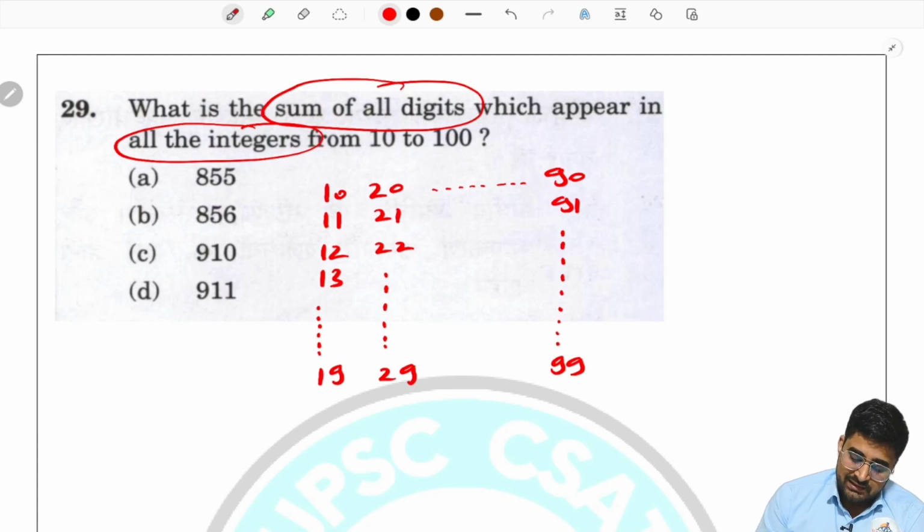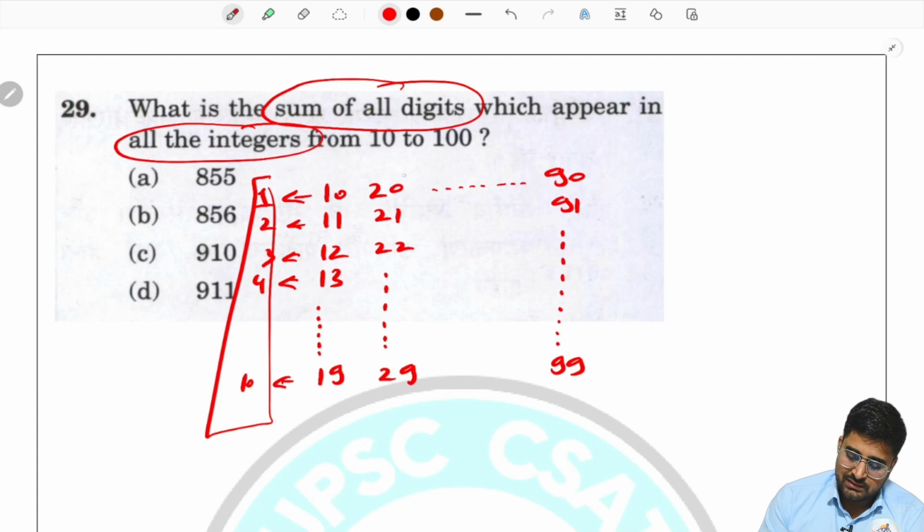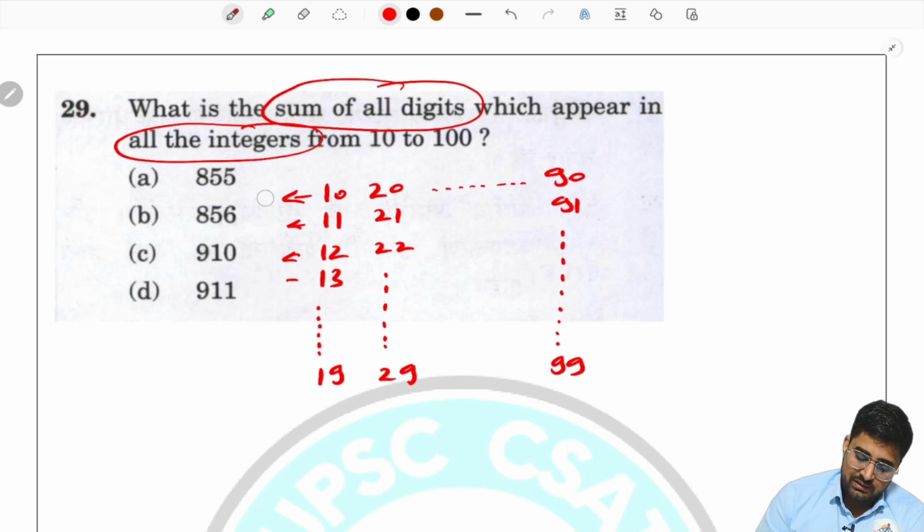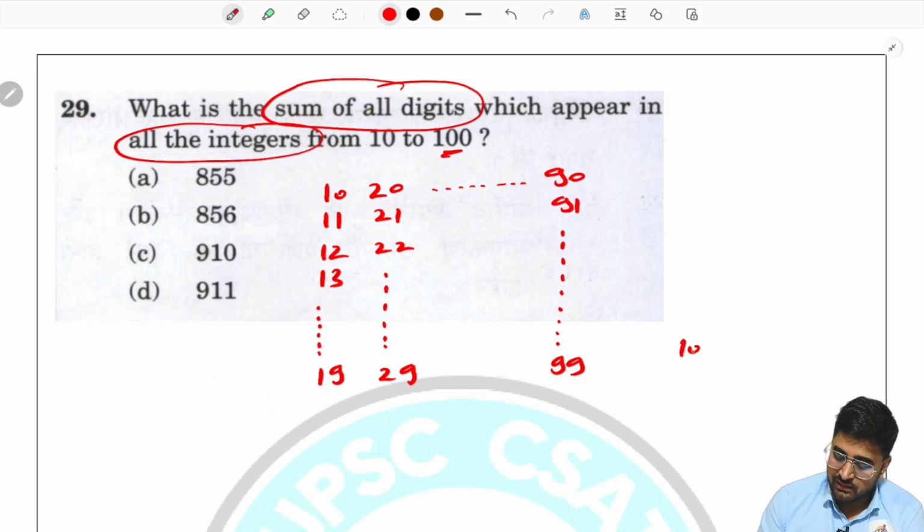They are asking that the sum of 10 is 1, 11 is 2, 12 is 3, 13 is 4, like this 19 is 10, and you have to add them. Similarly you have to add them, then this and this, then you have to give the solution. And do not forget the 100, means 100 is there.